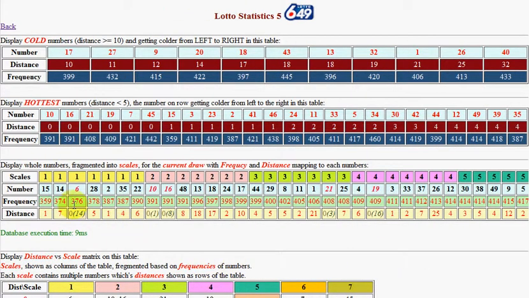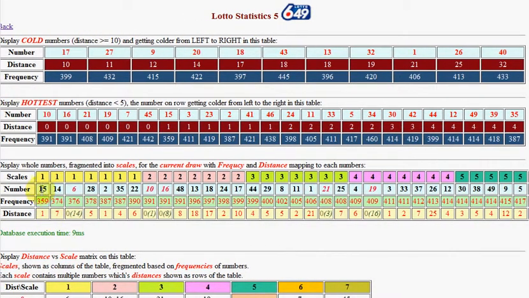The third one is just a number from 1 to 49, based on the frequency. So actually this one row is similar to statistics 3, because in statistics 3 the table has all rows from now to the past, but this is just one row.